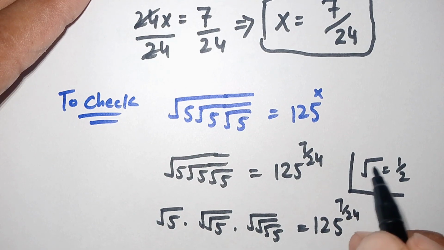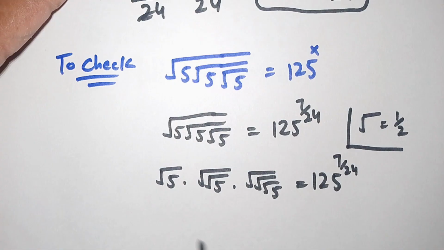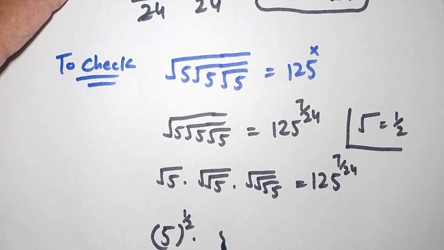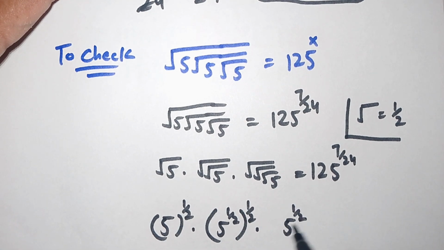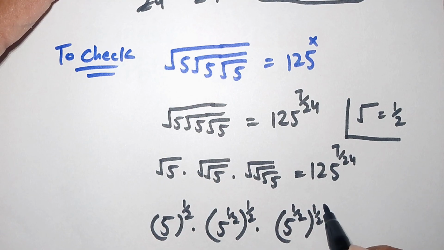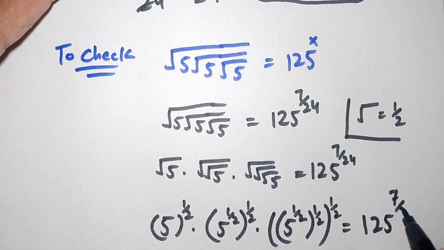Now we put the value of 1 over 2 for each square root, so this will become 5 to the power of 1 over 2 times 5 to the power of 1 over 2 to the whole power of 1 over 2 times 5 to the power of 1 over 2 to the whole power of 1 over 2 to the whole power of 1 over 2, which is equal to 125 to the power of 7 divided by 24.